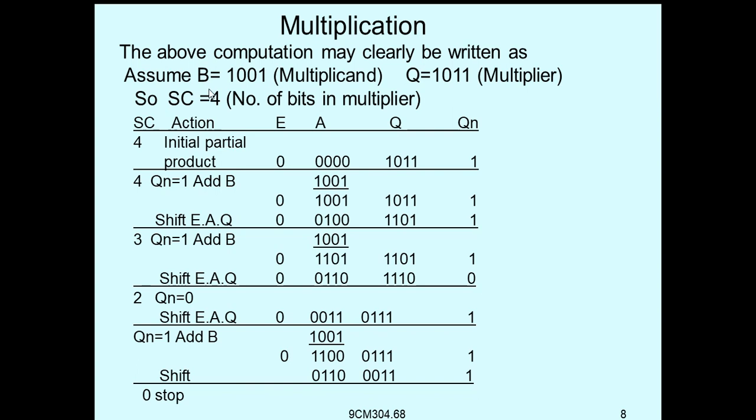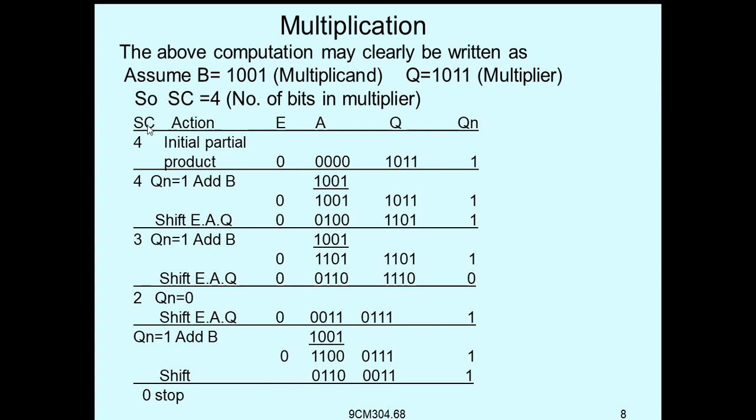Take the B value, and whatever the steps I told you in this multiplication operation, just simply follow them. In B, I store 1001, and Q is set to 1011, and SC is nothing but 4, the number of bits in the multiplier.